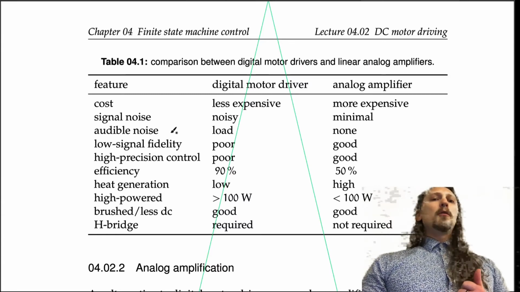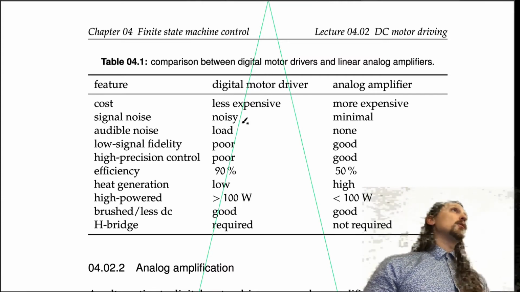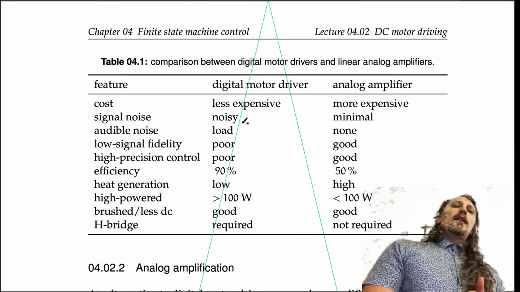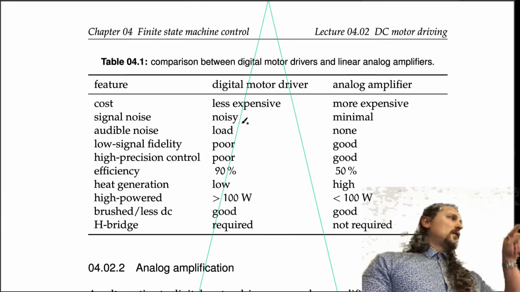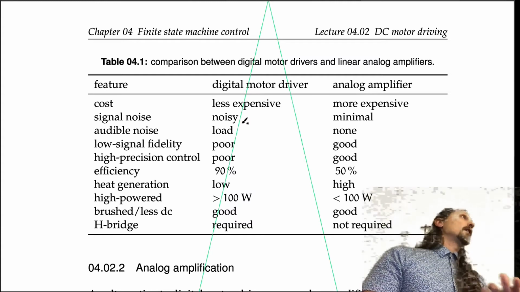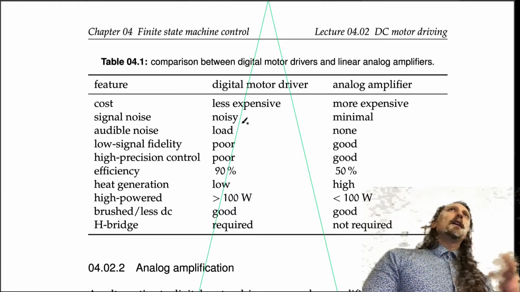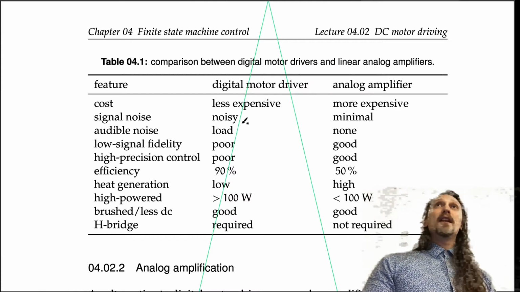One issue with these digital motor drivers, sometimes called switched supplies, is that you inject this pulse waveform at a relatively high frequency, and any pulsed waveform is going to have really high frequency components in it.